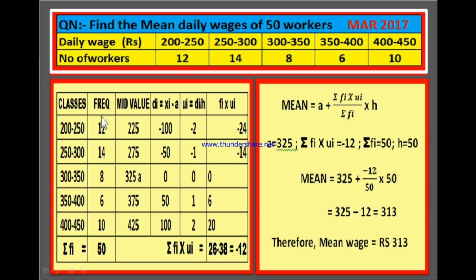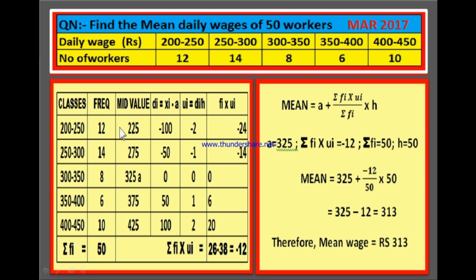Like this, you can find the arithmetic mean using step deviation method. You see, in direct method you took classes, frequencies, mid values and fi xi column. But whereas in step deviation method, besides frequency and class mark, you have to write the di column, you have to take the ui column, and later fi ui. If you adopt this method, then the calculation part will be so simple.